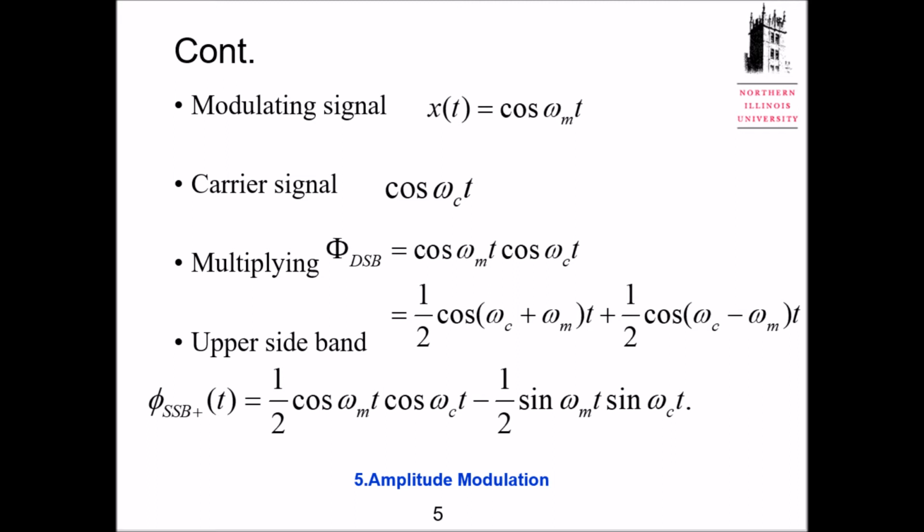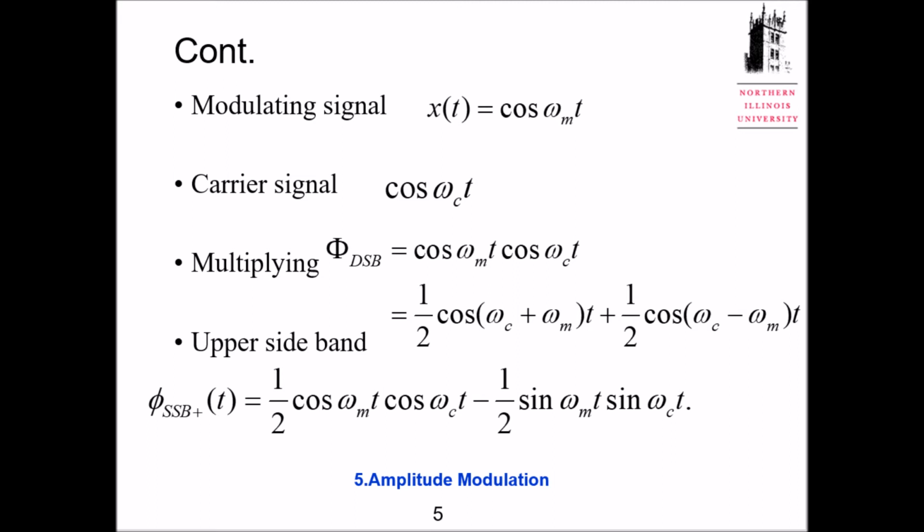So for this cosine of (omega_c plus omega_m)t, if you check your table, cosine of alpha plus beta gives cosine alpha cosine beta minus sine alpha sine beta. So we have the upper sideband written in terms of message and carrier.